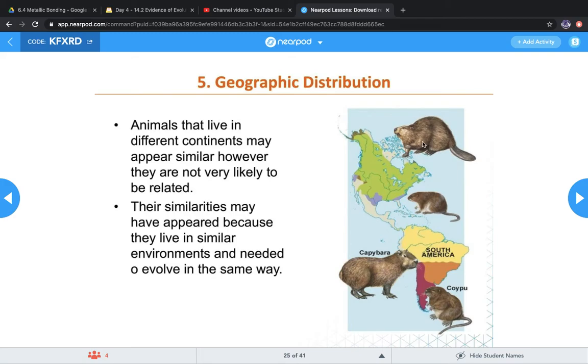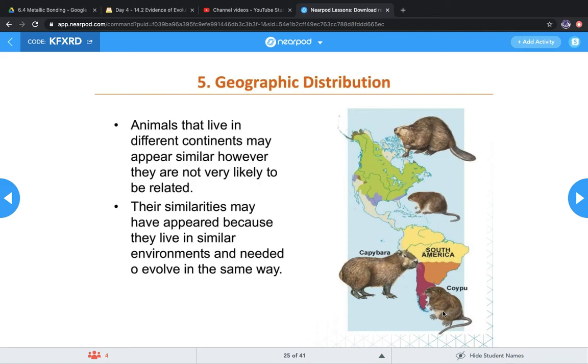So when scientists look at these animals that all share very similar characteristics, they try to explain why do they all look the same even though they are so far apart that there's no way they could be closely related. So when you look at these animals, they all share similar environments and similar niches, which means that they all basically live in the same way, they have the same types of homes, they eat the same types of foods, and they share similar behaviors.